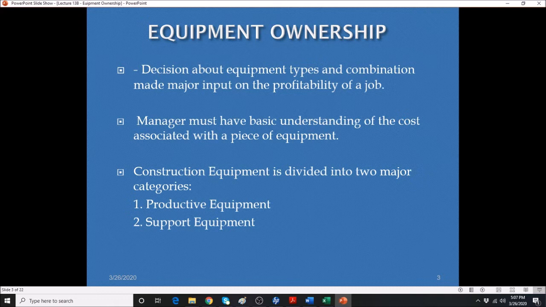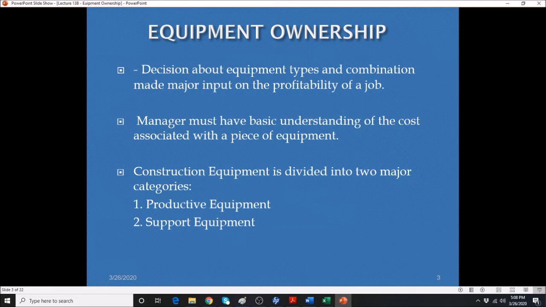Those are the bases on which you decide whether you're going to rent, own, or lease a particular equipment. So the manager has the responsibility to choose the most appropriate way to acquire a particular equipment.